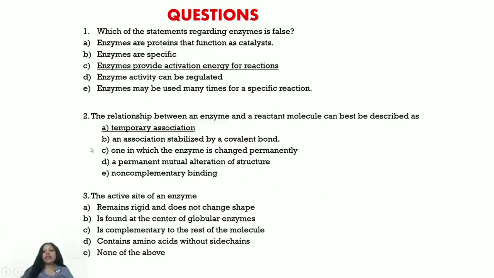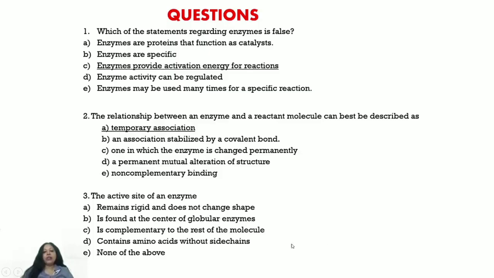The correct answer is temporary association. An enzyme always binds to the substrate mostly by weak interactions, and these weak interactions are temporary because the substrate has to be released from the enzyme when the reaction is over.